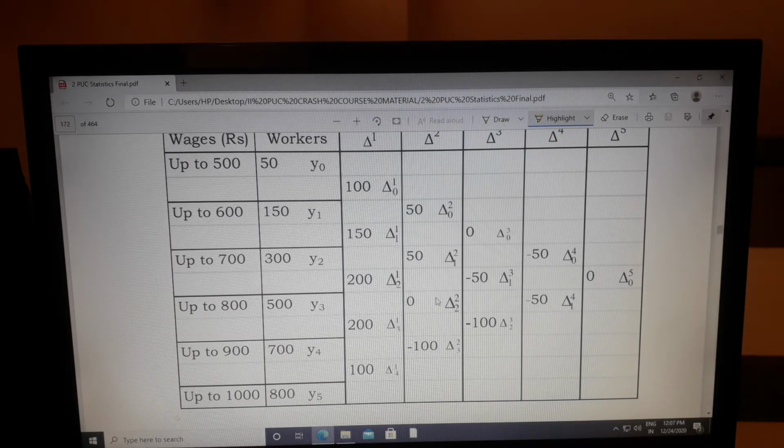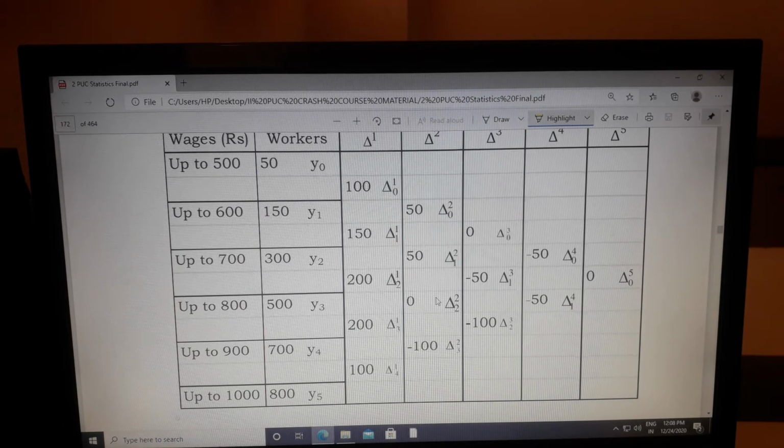Again the fourth leading difference: minus 50 minus 0, minus 50; minus 100 minus of minus 50 becomes plus 50, so minus 100 plus 50 will be minus 50. And then the last leading difference, delta 5: minus 50 minus of minus 50 becomes plus 50, therefore minus 50 plus 50, 0.